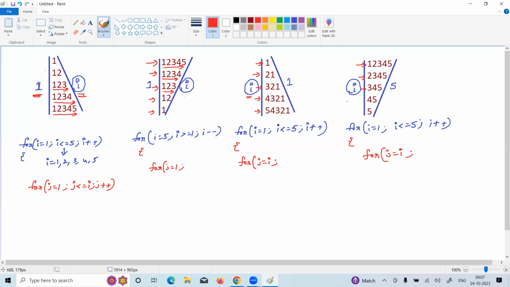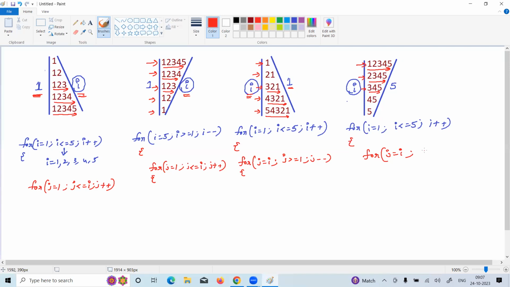Increasing order, ending with I. J less than or equals to I. This one is very, very important. But look at this. Starting with I, ending with 1. Every row is decreasing order. So J greater than or equal to 1, J minus minus, decreasing.